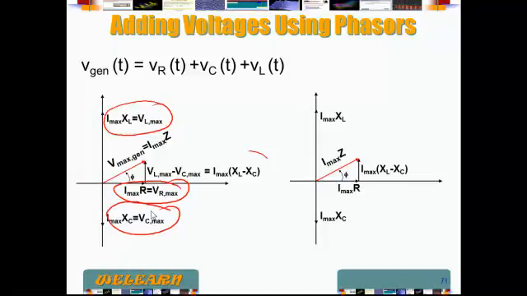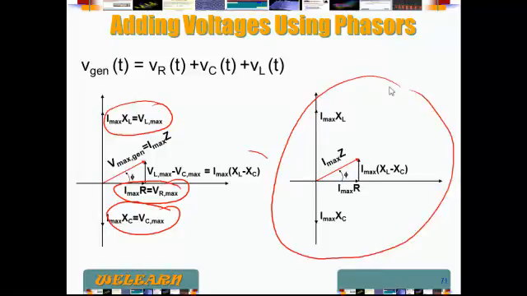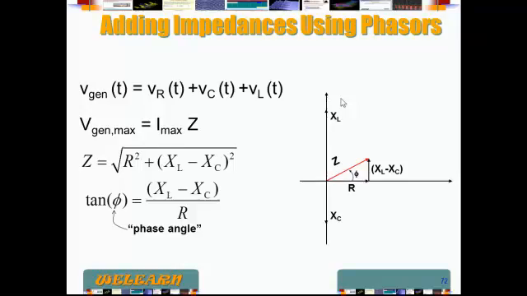VC max is XC Imax, VL max is XL Imax, VR max is R Imax, and of course Vmax generator is Imax Z. Now, since all of them have Imax in them, one might wonder, can we simplify all of these by Imax and just draw XL, XC, R, and Z? Would we get similar information? Of course we can. And that's the way it's going to look.